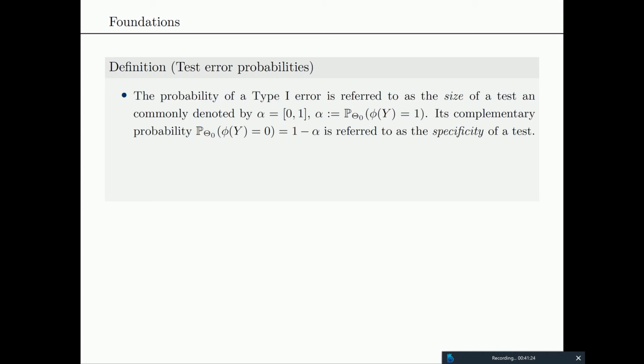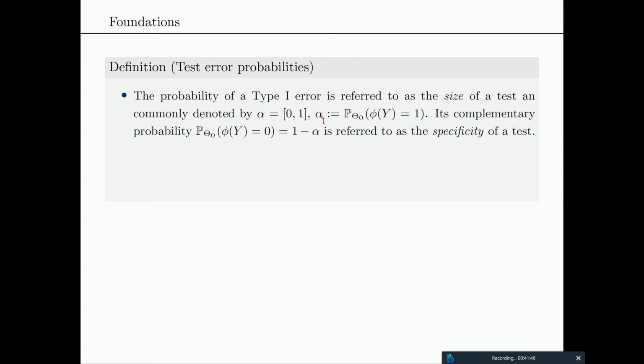The probability to reject the null hypothesis when the null hypothesis is in fact true is the probability of a type 1 error, and is also known as and called the size of a test. And the size of a test I denote by alpha. Yeah?